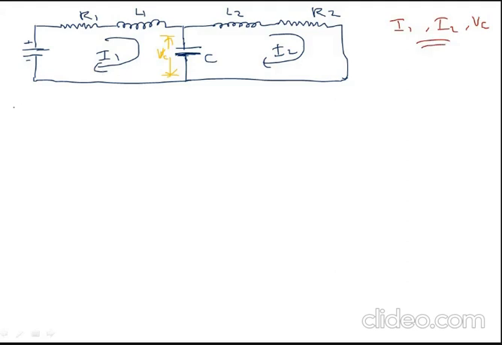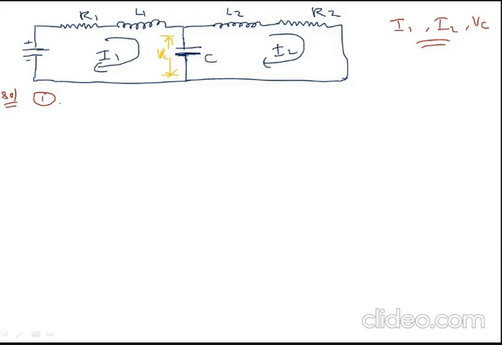So the solution for this problem is as usual. Just listen carefully. Your first step is to assume the given state variables are x1, x2, x3. Remember all of you, here we are not testing your mathematics. Hence, from the examination point of view, a maximum of three variables will be asked to assume.